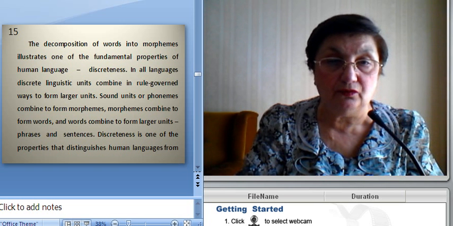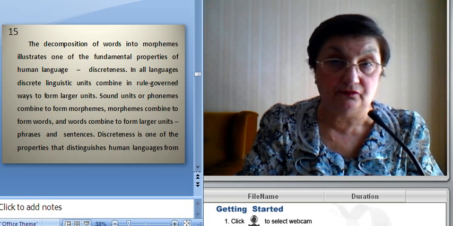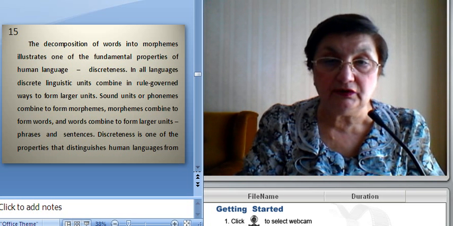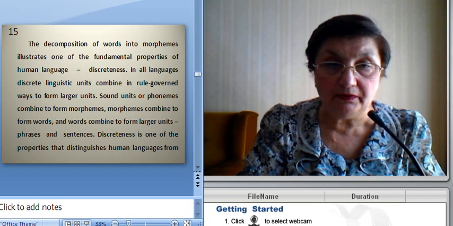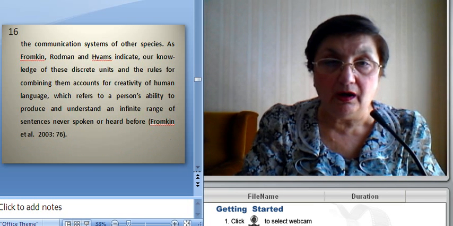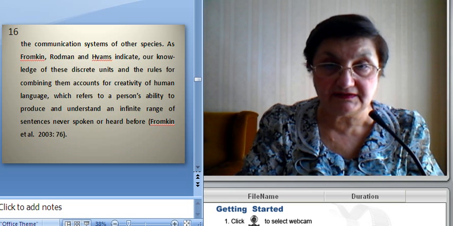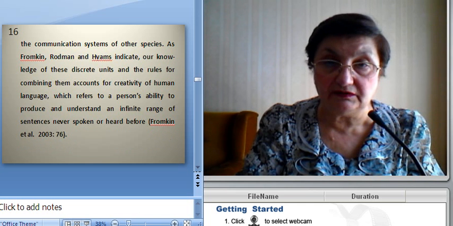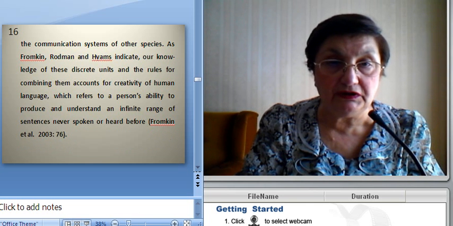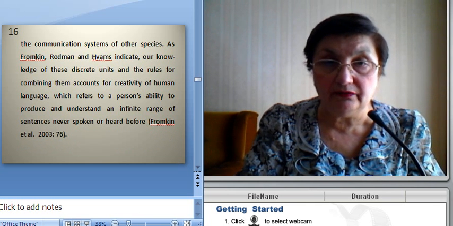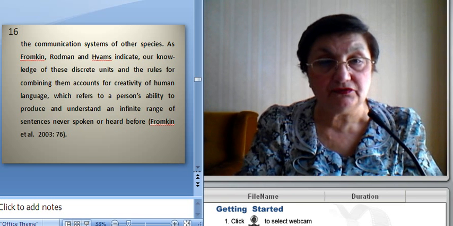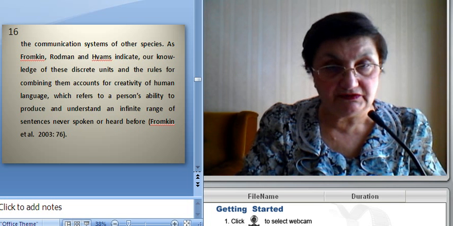Discreteness is one of the properties that distinguishes human languages from other communication systems. As Fromkin, Rodman and Hyams indicate, our knowledge of these discrete units and the rules for combining them accounts for creativity of human language, which refers to a person's ability to produce and understand an infinite range of sentences never spoken or heard before.